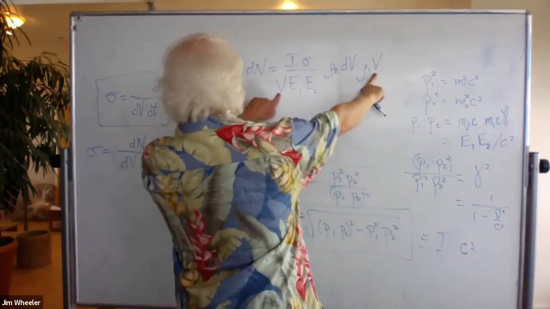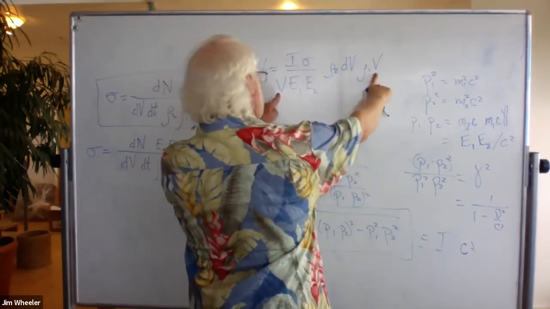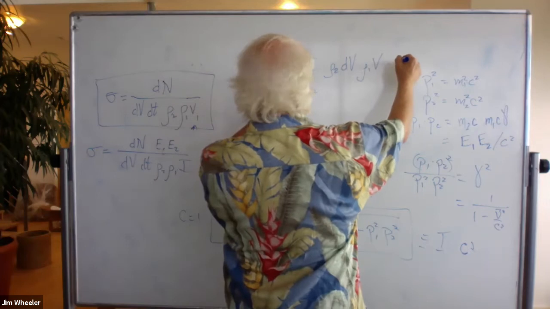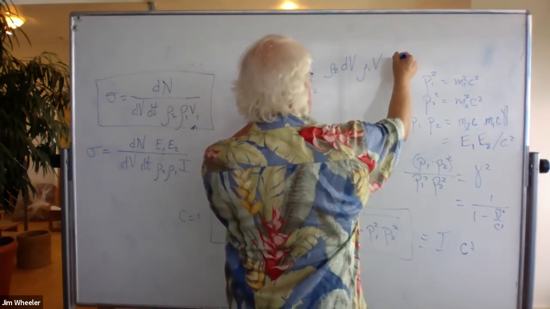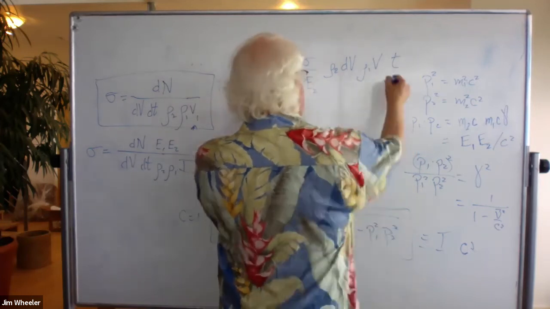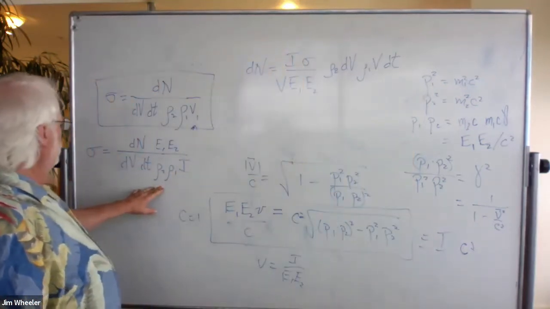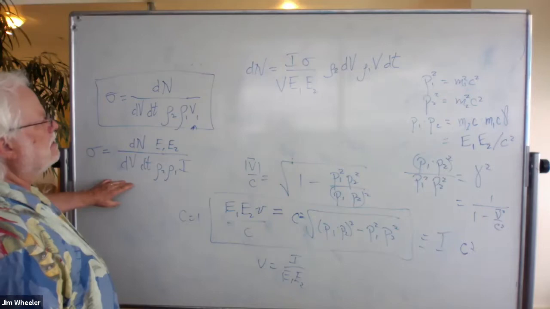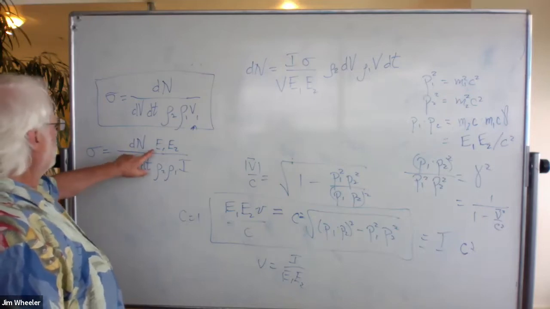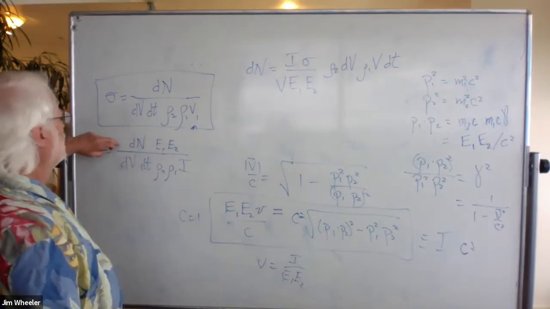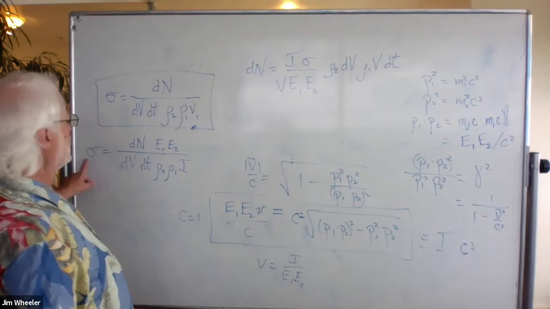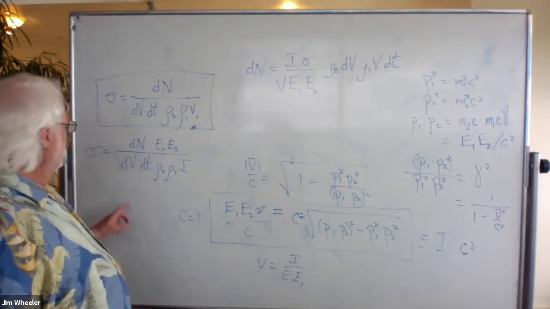So that volume just cancels. And then we have a dt here. Let's see, did I get everything? Rho 1, rho 2, I dV dt over E1, E2 times dn sigma. Okay, yeah, I think that's the same.